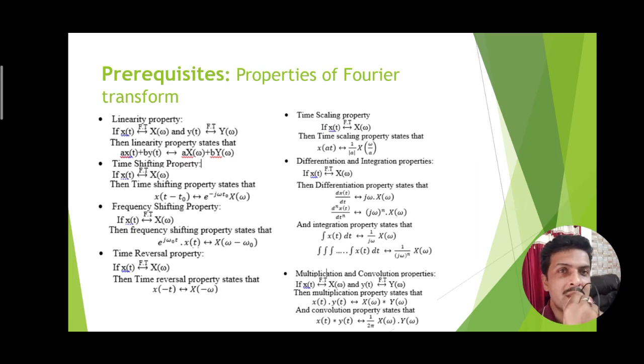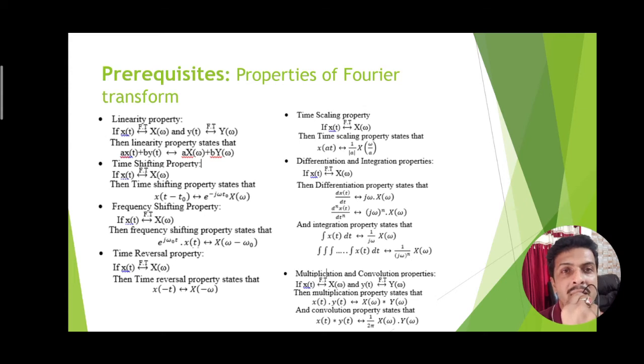These are the important properties of the Fourier transform, which show the linearity property, which is also the superposition property. That is, if x(t) and X(omega) are a Fourier transform pair, as well as y(t) and Y(omega) are another Fourier transform pair, then the Fourier transform of the weighted sum of time domain signals is equal to the weighted sum of spectra.